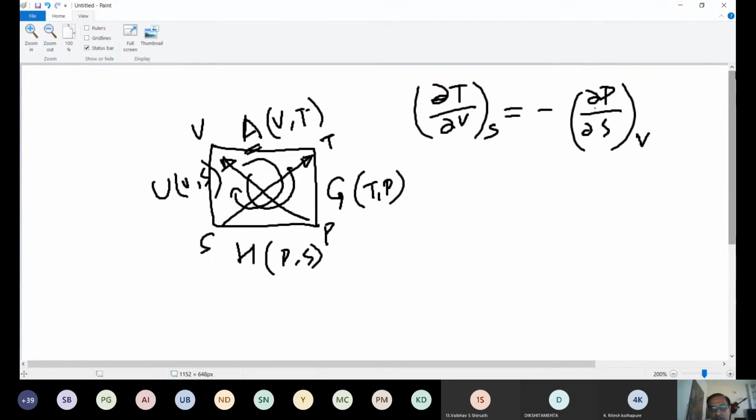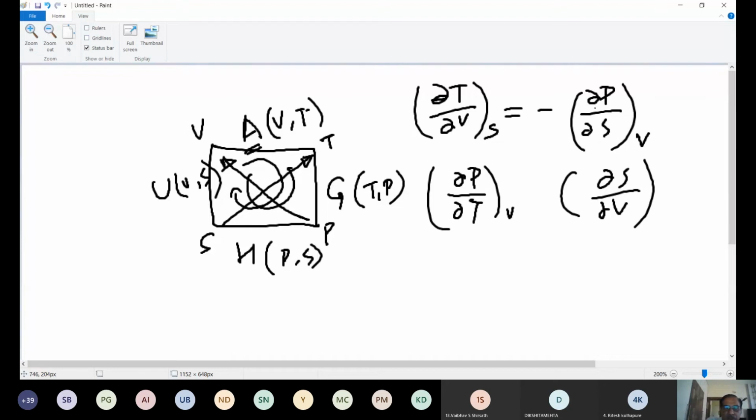So I can write anything, say ∂P by ∂T, right? So what will the suffix be? What is opposite to P? V. So taking this and this, I will take ∂S by ∂V, right? On the opposite side. And what is opposite to this? T.